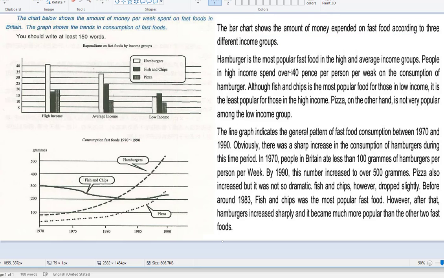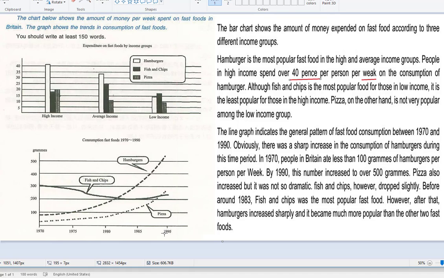Okay, so hamburger is the most popular fast food in high and average income groups. Yeah, that's true. People in high income spend over 40 pence per person per week. Why is week spelled like that? Is this pence? How do we know that? Why would it be so little?